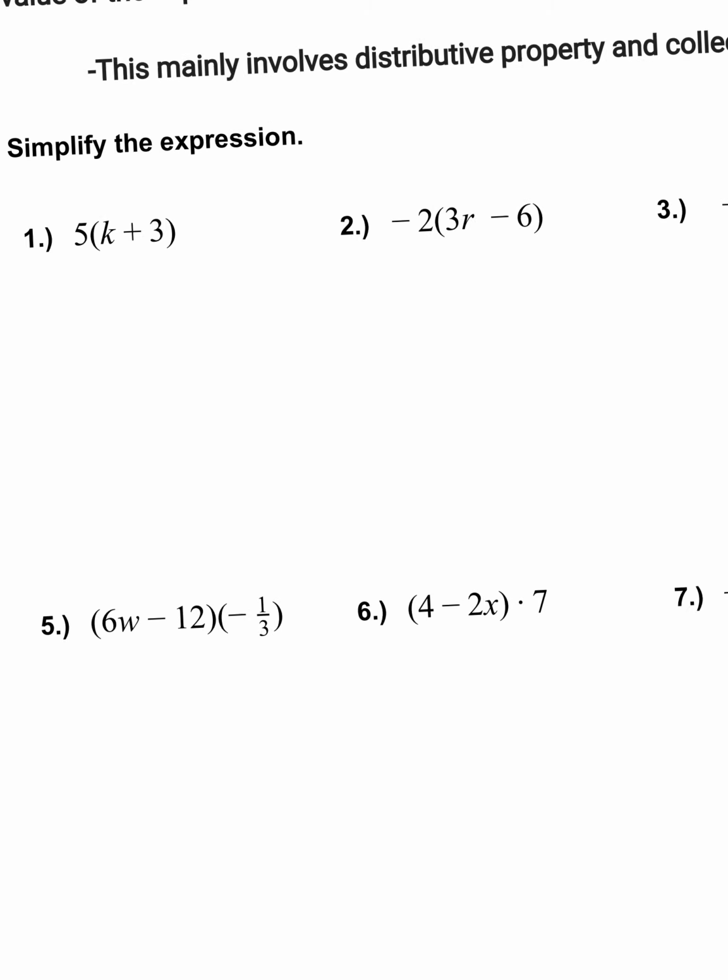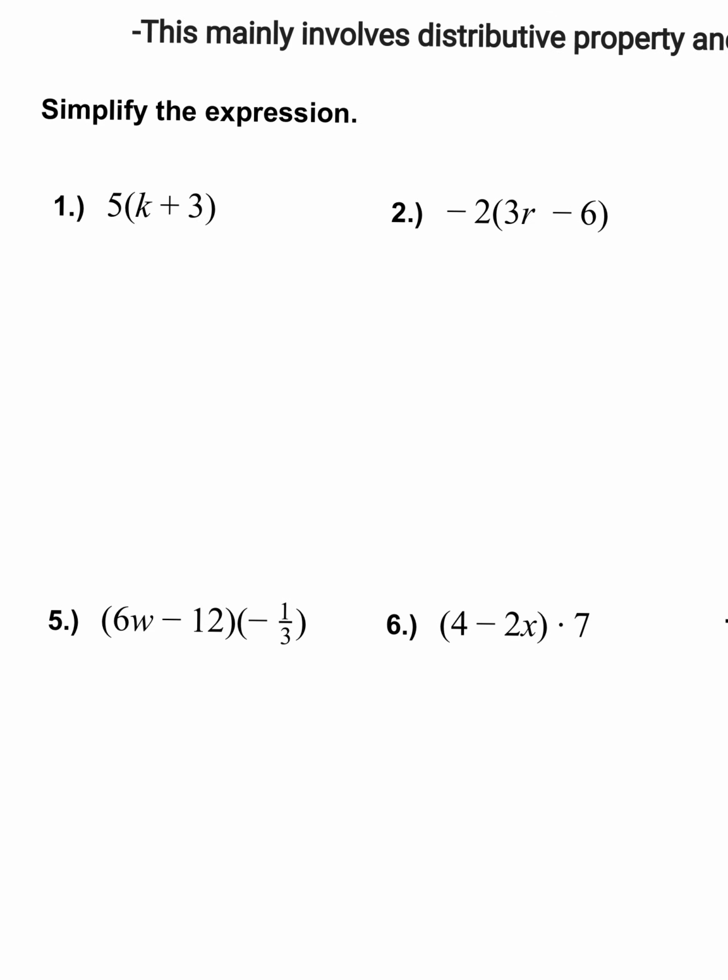And if we zoom in here, number one reads 5 times the quantity of k plus 3. So the distributive property is multiplication. And if we want to apply the distributive property here, we're going to take this value outside our parentheses, the 5, and we're going to distribute it to every single term inside that parentheses. Like so. Now when we distribute it, we're going to multiply the 5 times each of those terms.